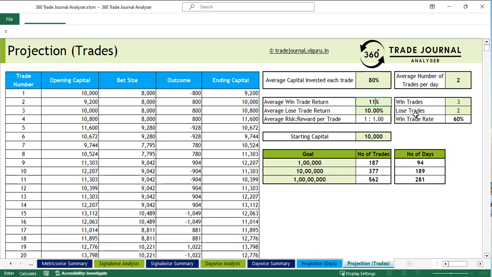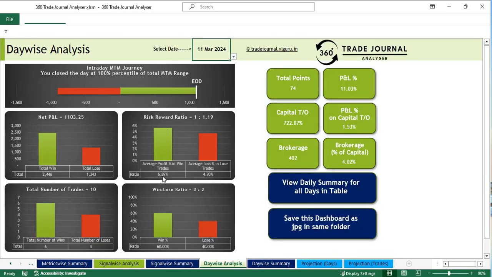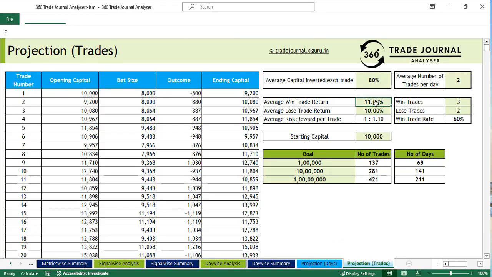And one more thing you can do is, rather than this, you can just take the actual numbers, 5.59 and 4.70, it will give you a better result, right? So exactly the same risk reward ratio and same win ratio, and you are taking maybe 4 trades per day. We are taking actually 10 trades.